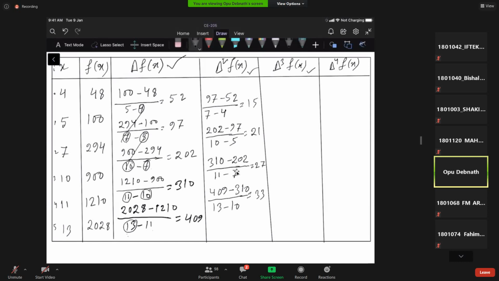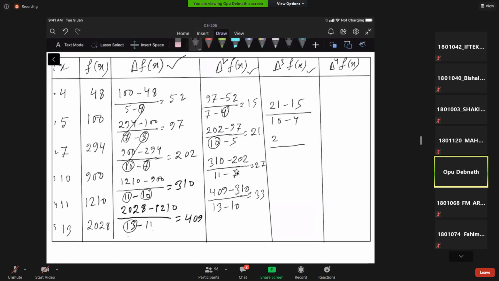So now it stands for the third difference. The procedure is the same: 21 minus 15, and in the denominator take this one and this one, that means 10 minus 4, second one minus first one.